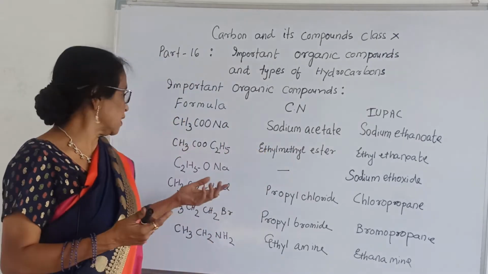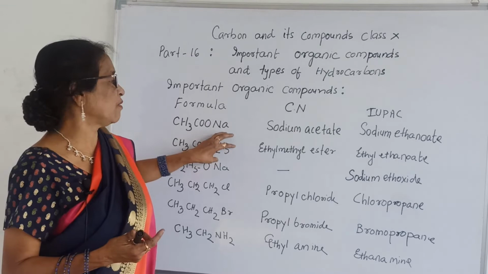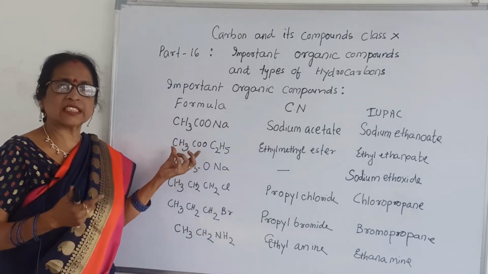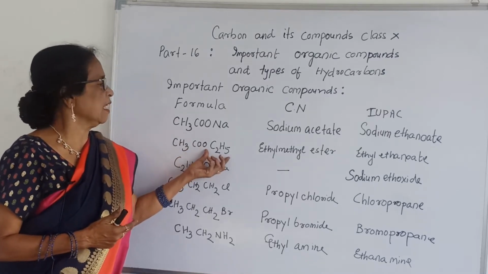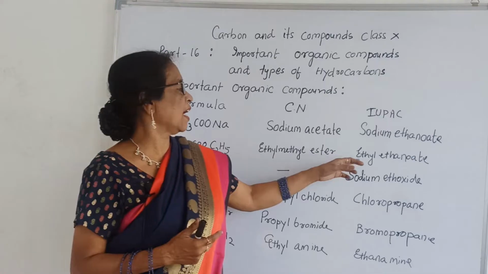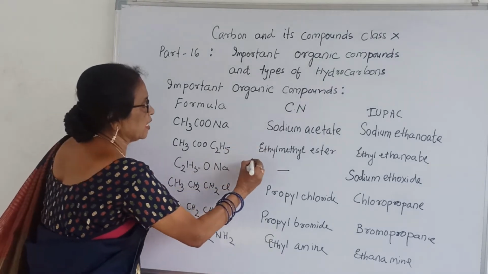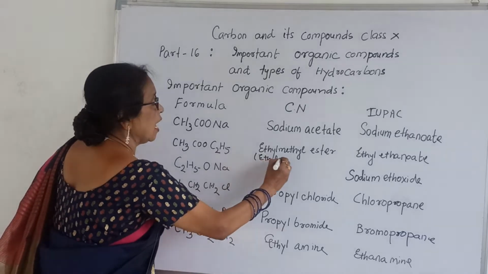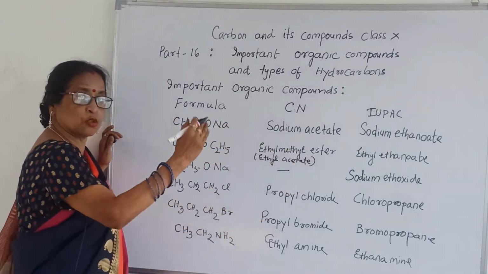And what is the IUPAC name? For the IUPAC name, see the right side first. What is that? Ethyl. And this is from acetic acid, or ethanoic acid according to the IUPAC name. That is why ethanoate. Here you can also write ethyl acetate, because acetic acid becomes acetate.